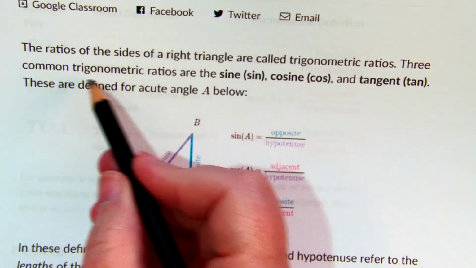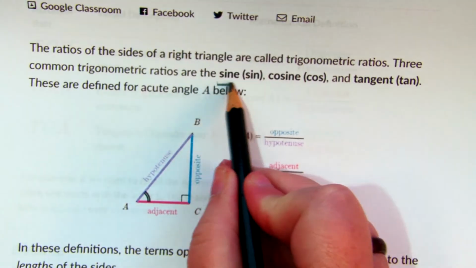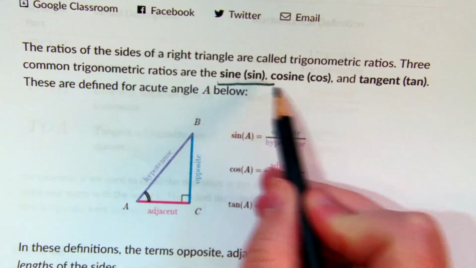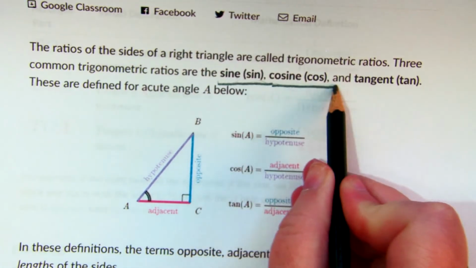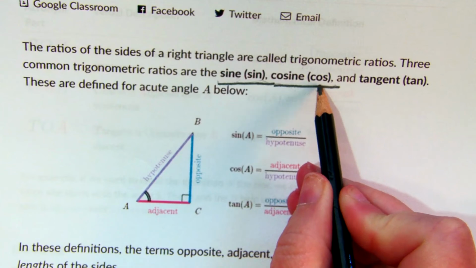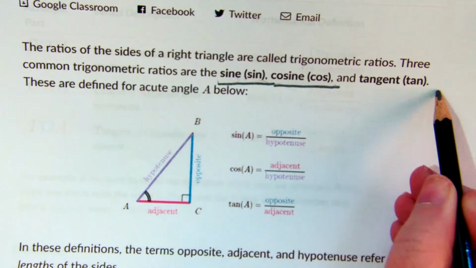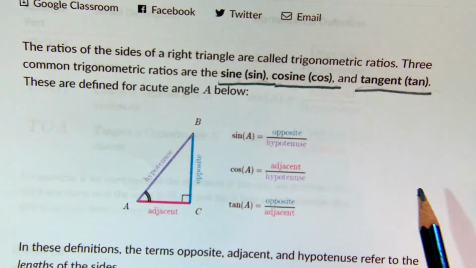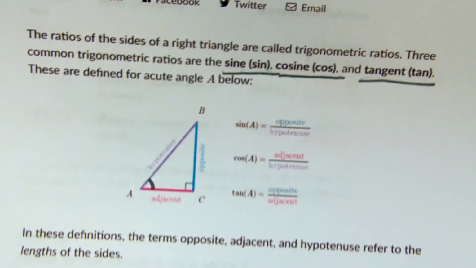Three common trigonometric ratios are sine, where we take the E off and it looks like sin, but it's sine; cosine, where we drop the I-N-E and just use cos; and tangent, where we just write T-A-N.